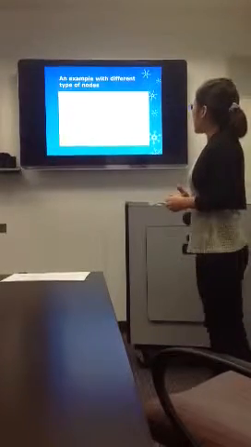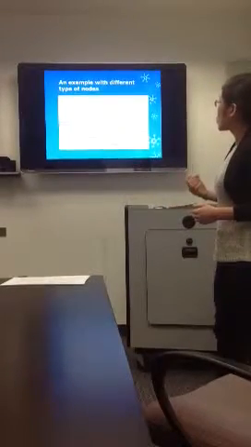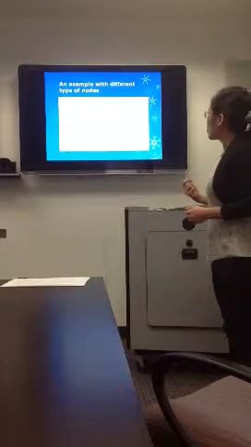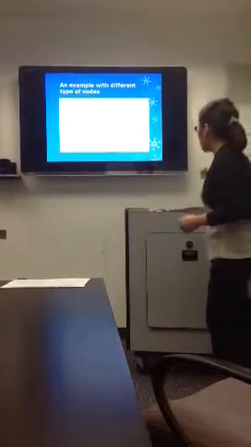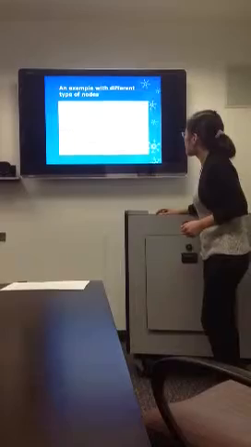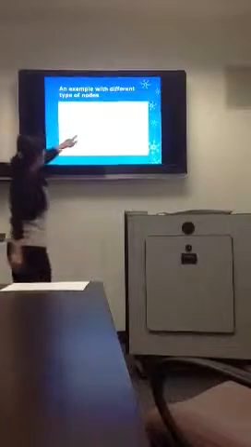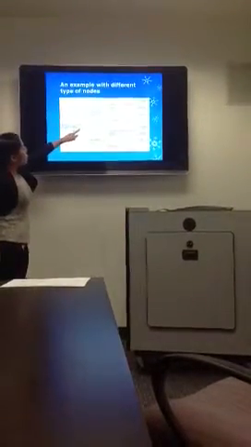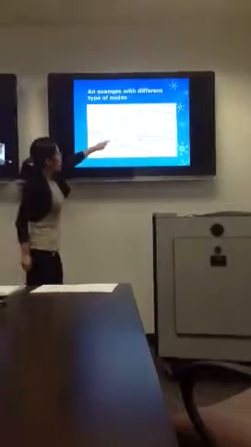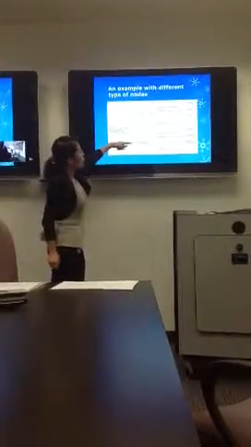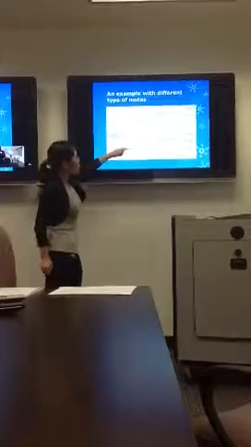This is an example. In this example, all three types of nodes are represented. Here we need to make a decision whether to do the recognition or not. You have two options: one is do it, another one is no recognition.